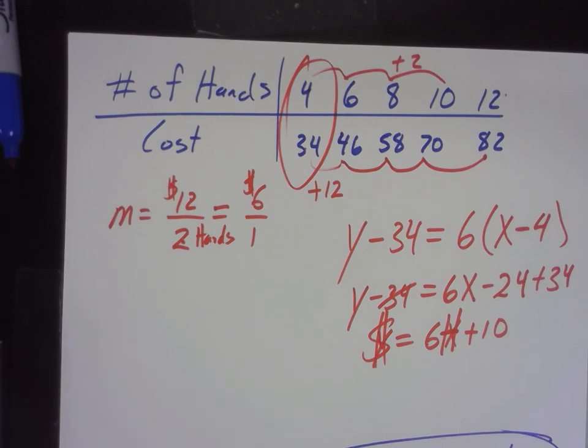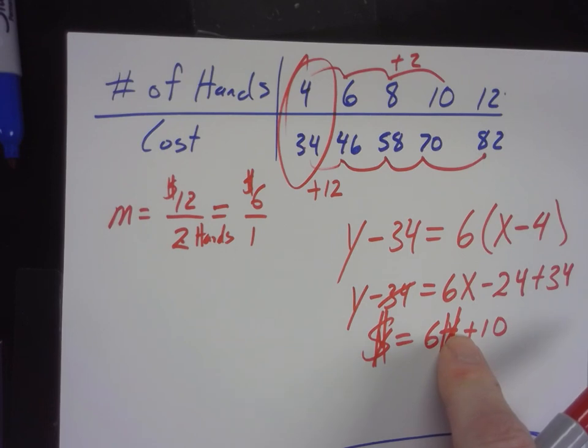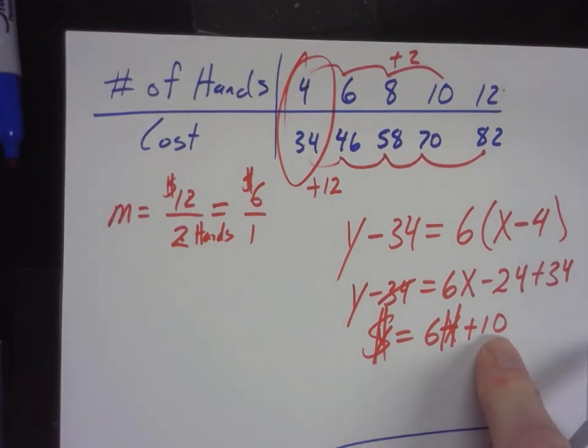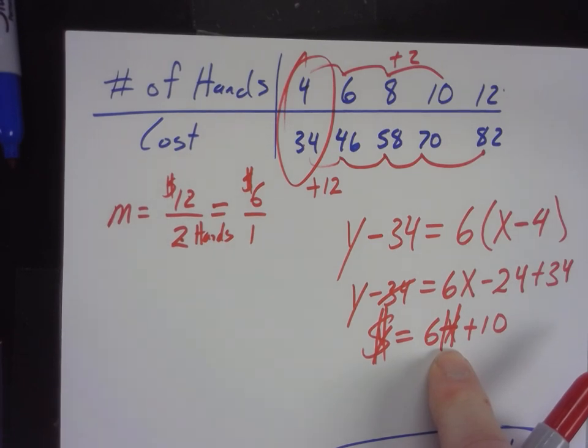It could be tax, but I don't think they'll charge us tax until we actually buy a hand. But what other costs might be involved in getting these hands? Shipping. $10 shipping plus $6 for each one that you buy. Does that make sense? Yeah. There's an initial cost for our shipping, which doesn't change regardless of how many you buy, okay? And then $6 for each one that we get. That makes sense.